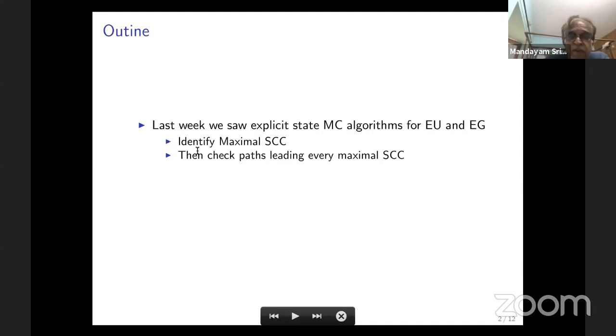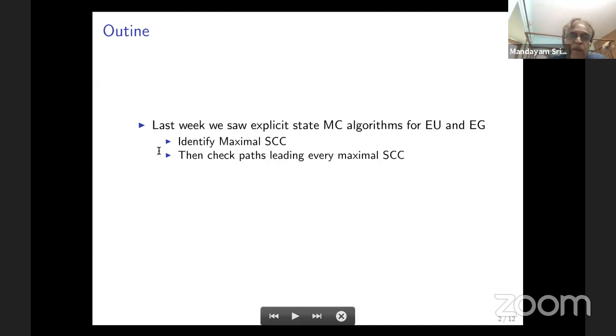So just to very briefly summarize, they were called explicit state model checking algorithms because they analyzed the transition graph of the Kripke model explicitly, by traversing the transition graph.